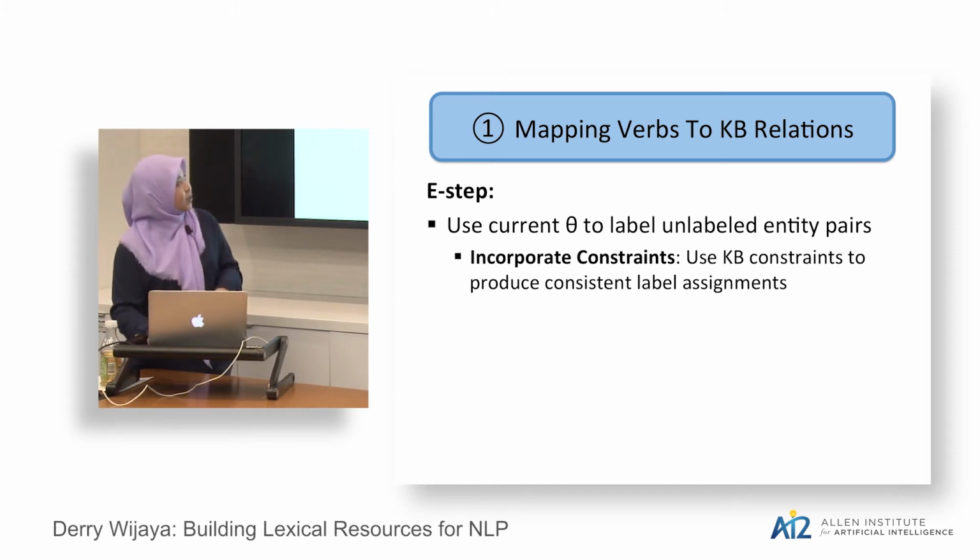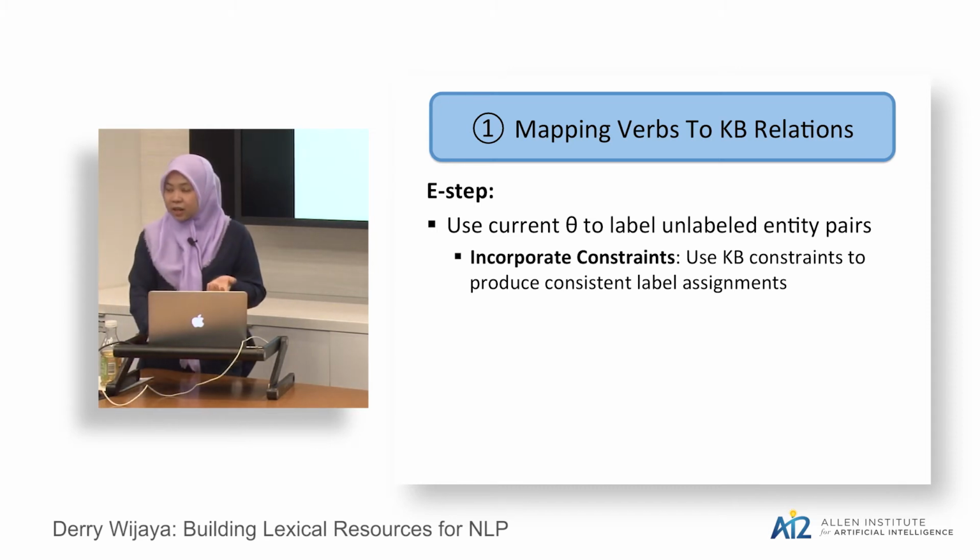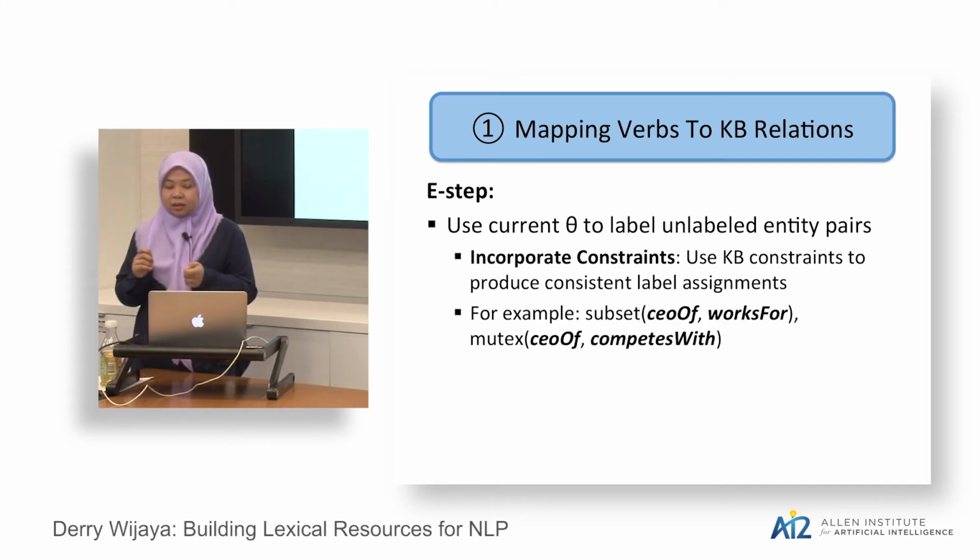relation. And so we also use another constraint to make sure that we label the unlabeled entity pairs consistently. Two of the constraints that we use are the subset constraints.